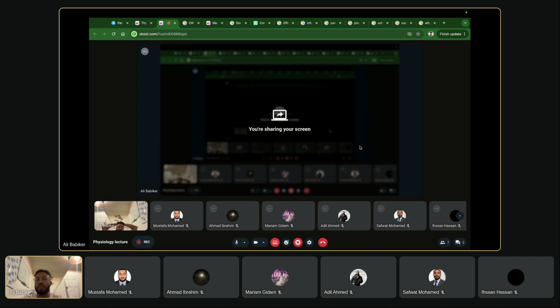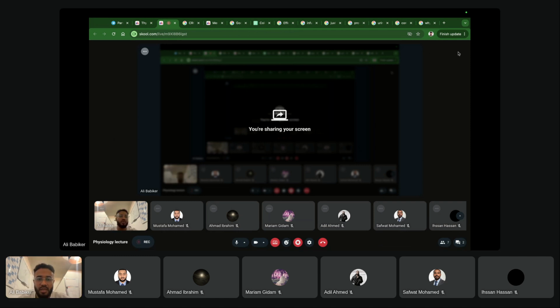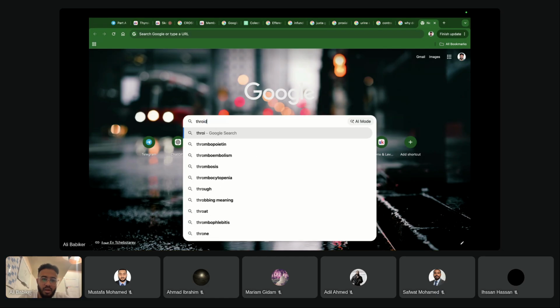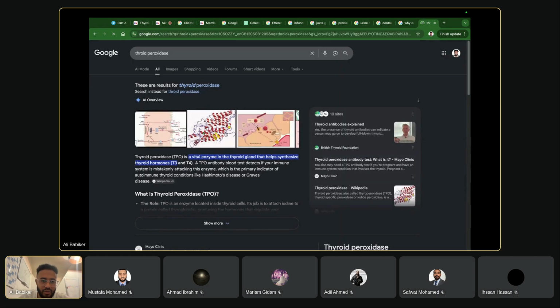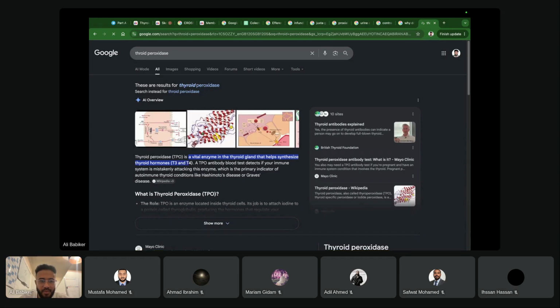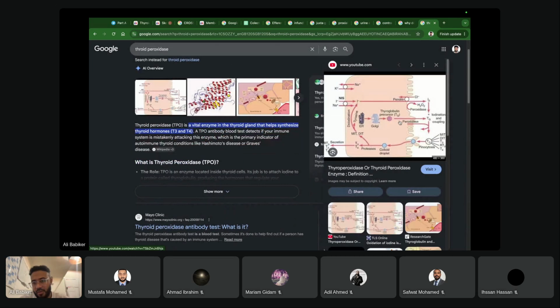Okay, thyroid peroxidase. Let me even change the image to an image that has the enzyme on it so you don't forget it. Peroxidase, do you see here?